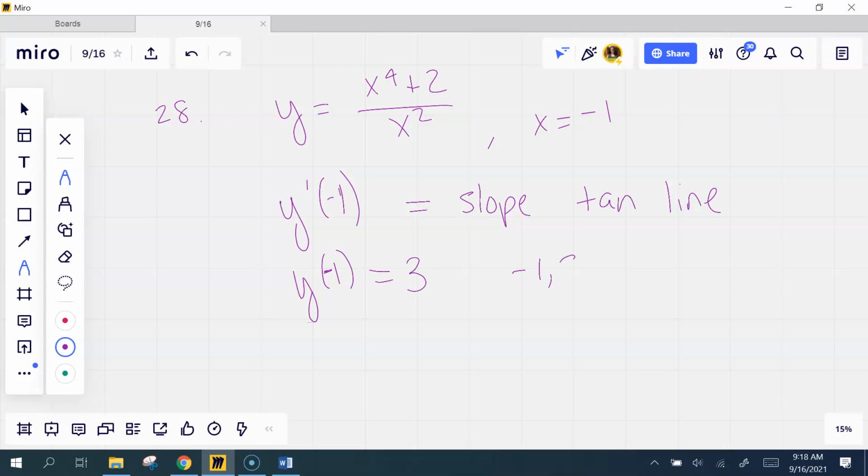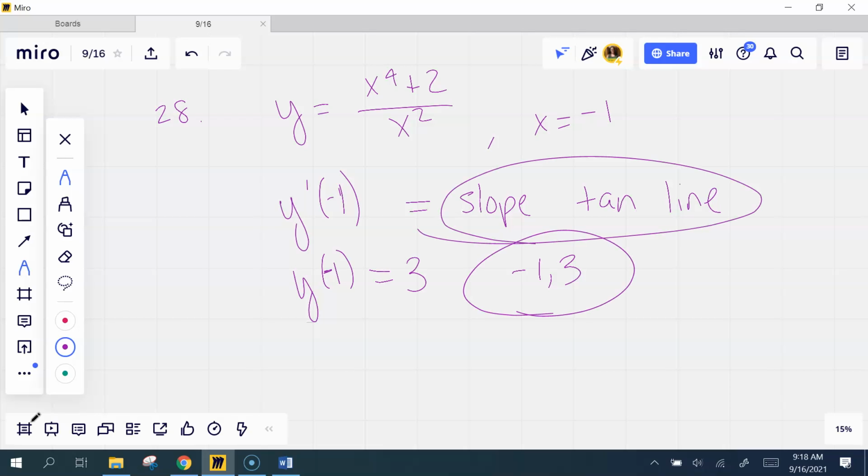That's my point, (-1, 3). I'm going to have a point and a slope to write the equation of the line. But to find the derivative, this is a fraction, so I'm going to have to use what? The quotient rule. Derivative of the top times the bottom minus the top times derivative of the bottom, all over the bottom squared.